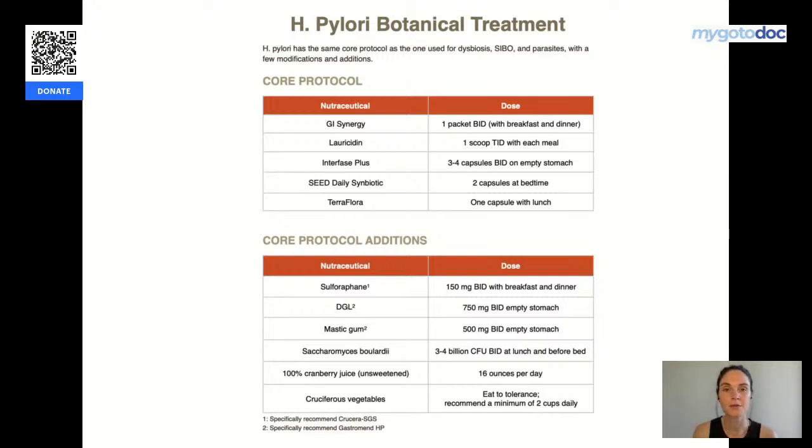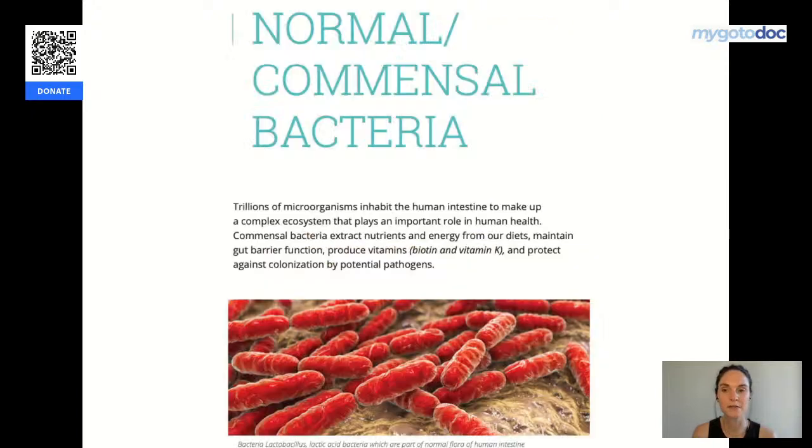So this is actually from the Cressa Institute, I believe, as a botanical treatment for H. pylori. So it's good to bear in mind that there are alternatives to just taking the antibiotics that are usually prescribed in the case of an H. pylori infection.